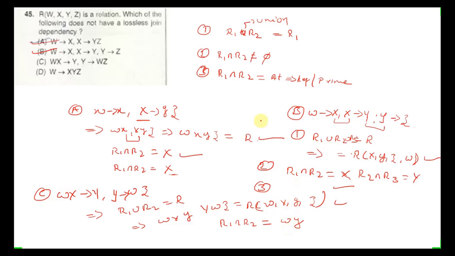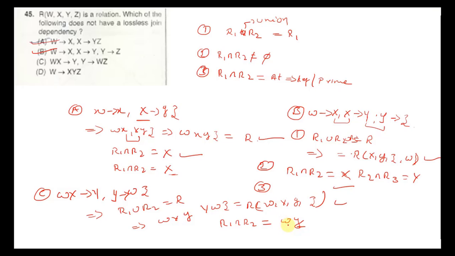Now what is the third condition? In R1 intersection R2, we get an attribute, and that attribute must be a prime attribute in any one of the decomposed relations. Here we have WY, and WY is not a prime attribute here, only Y is a prime attribute. Because by using Y we are finding the values of WZ, but with the help of WY we are not able to find any values here.